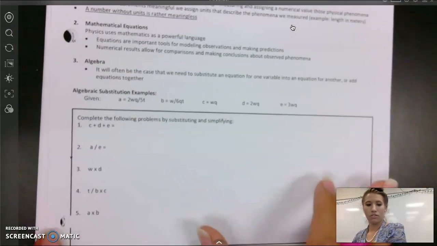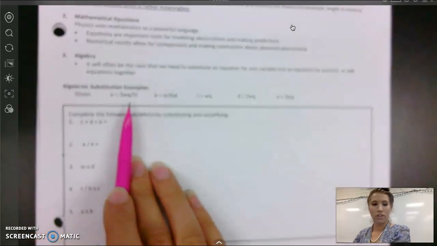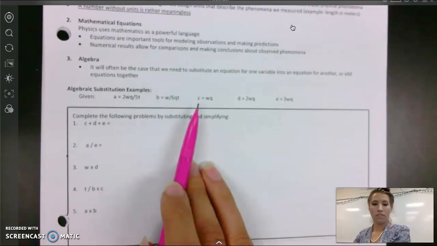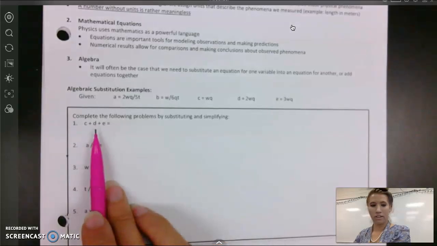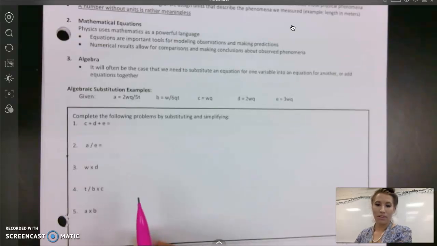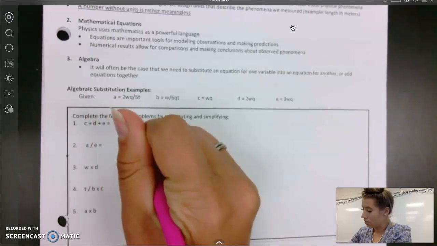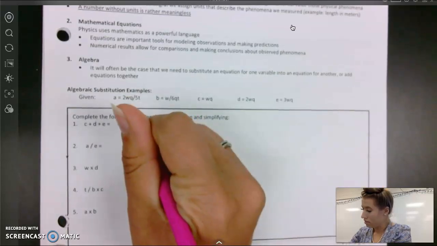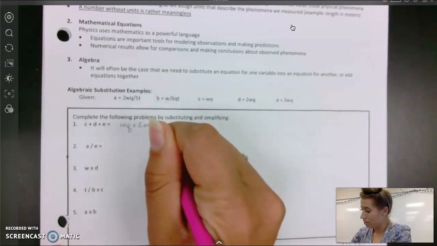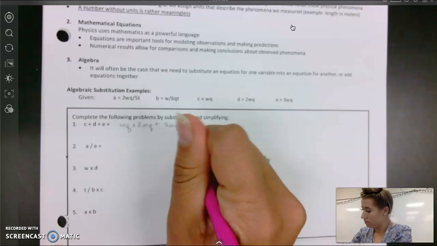All right, so we've been given our values of A and B and C and D, and now they're asking us to manipulate them in multiple ways. So for our first problem here, we have C, which is WQ, and we're adding that to D, which is 2WQ, and we're going to add that to E, 3WQ.